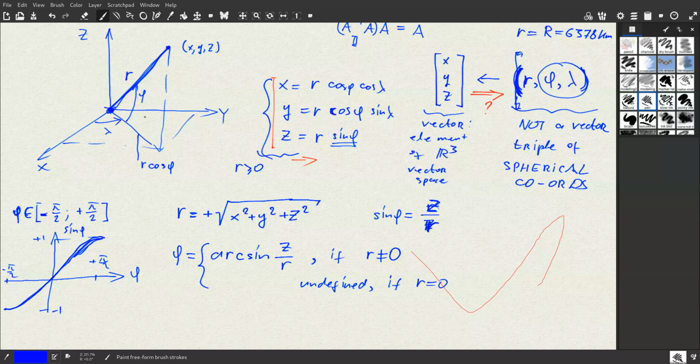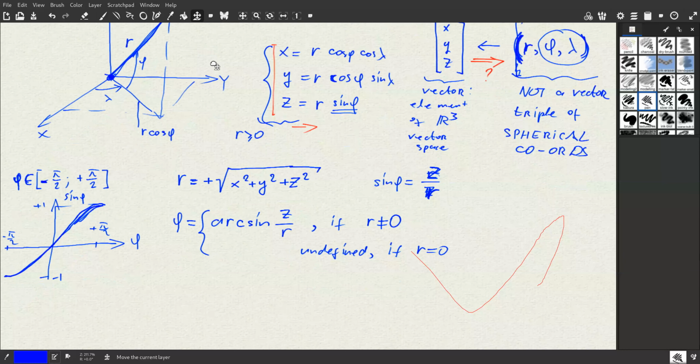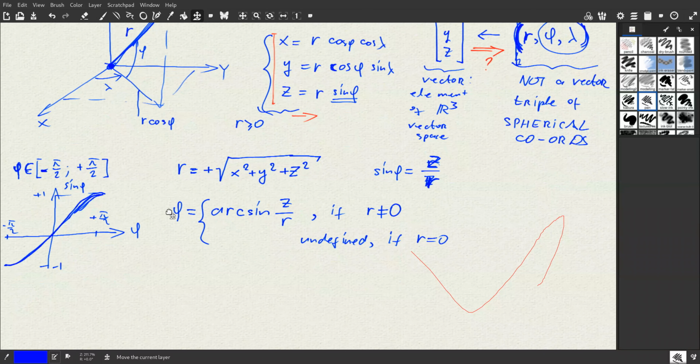And now, much more interesting thing, let us compute lambda. Any ideas? What do we do to compute lambda? Let us divide the second equation by the first one. We would say y divided by x equals all other terms, provided that, by the way, cosine phi is not 0, which means that phi is not equal to plus minus pi over 2.